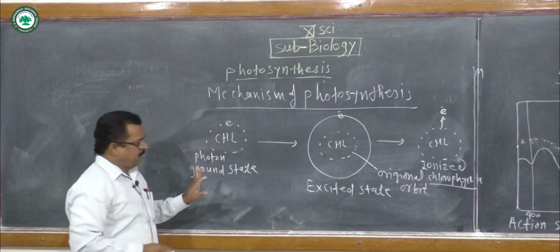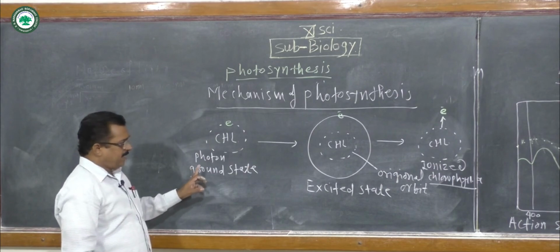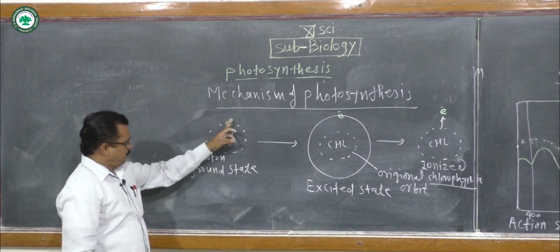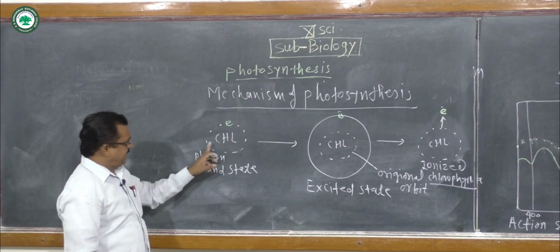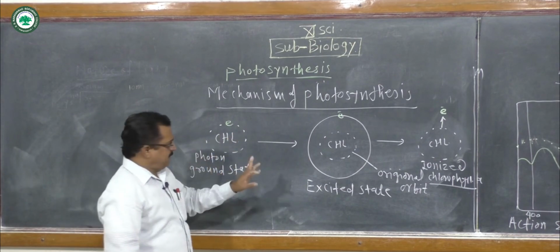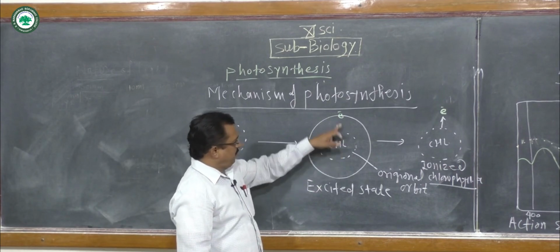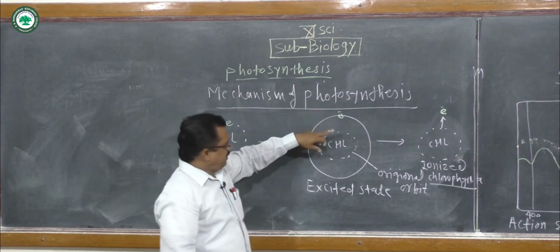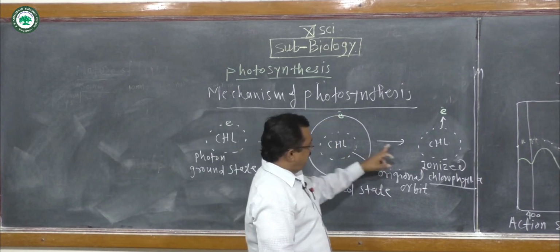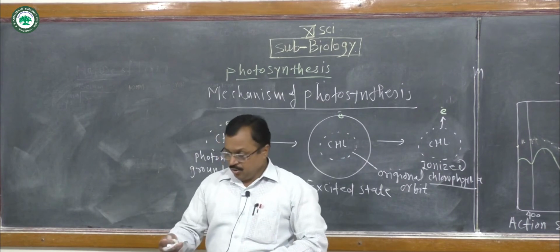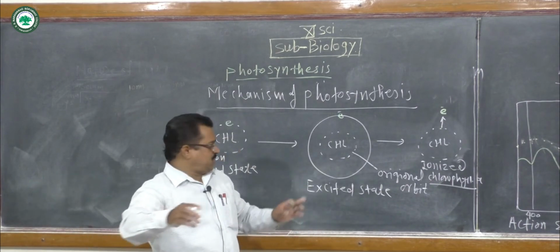What does this indicate? The chlorophyll molecule has its electrons in its original state. Then when it traps the light, the energy rich electrons are released from the first orbit to the last orbit. When these released electrons are utilized for the synthesis of energy, then the chlorophyll molecule comes to its original position.